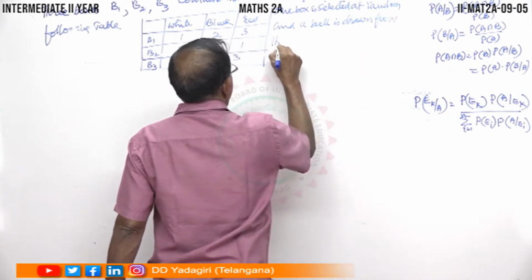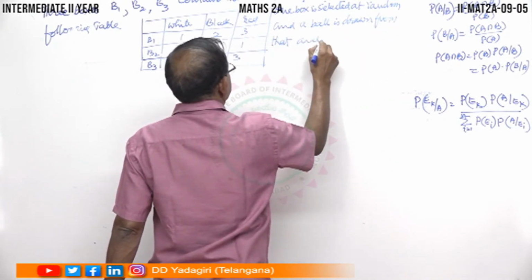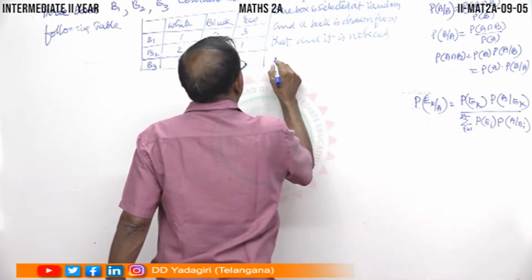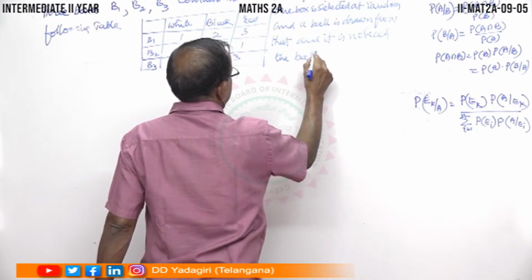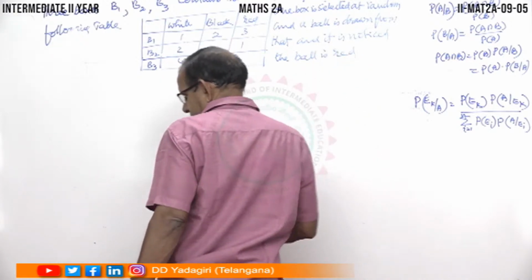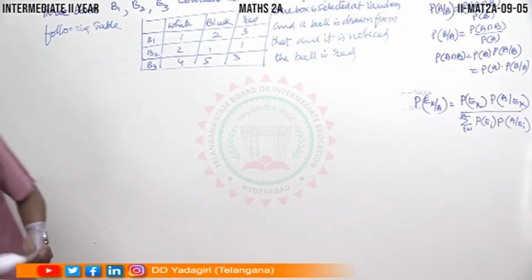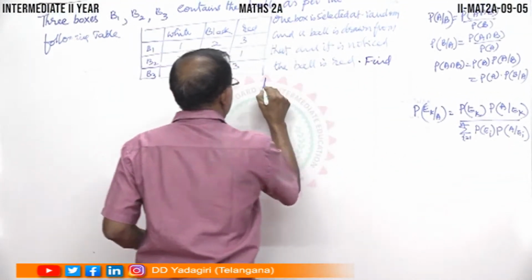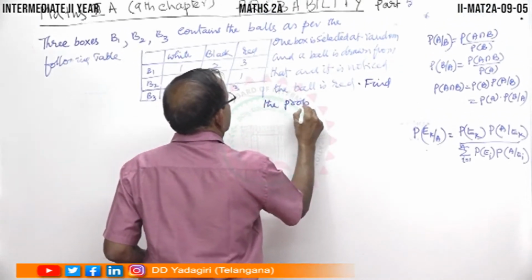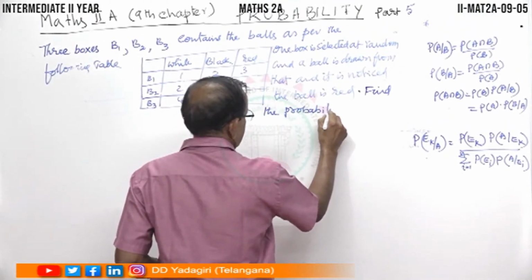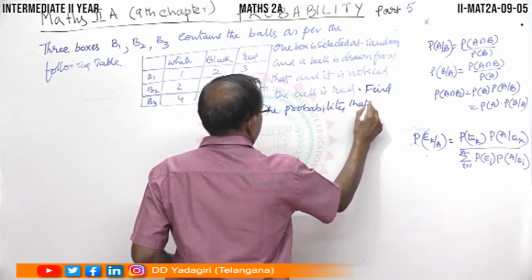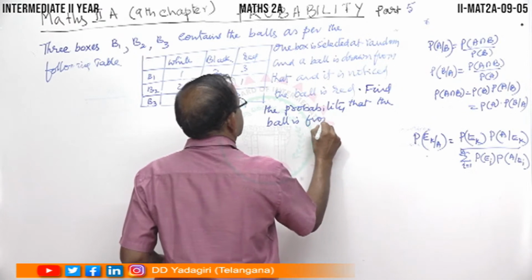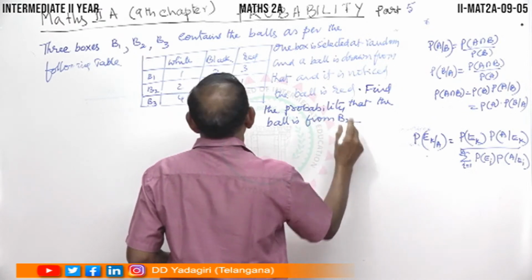It is noticed that the ball is red. Find the probability that the ball is from B2.